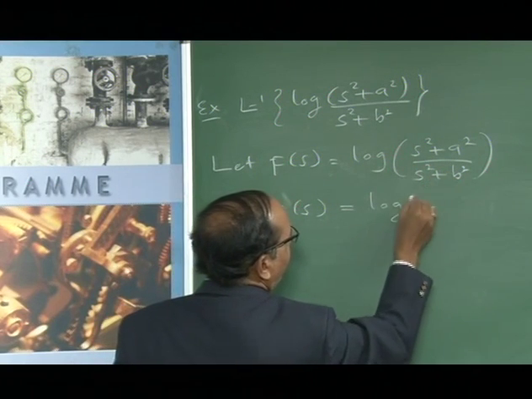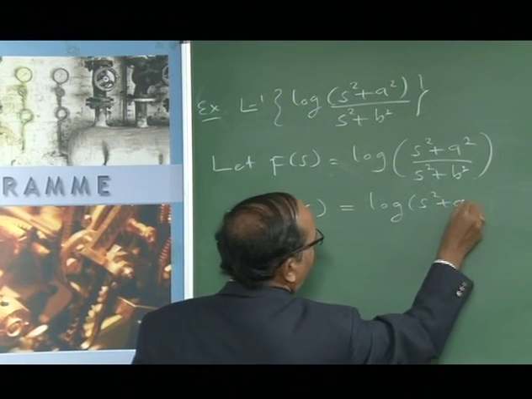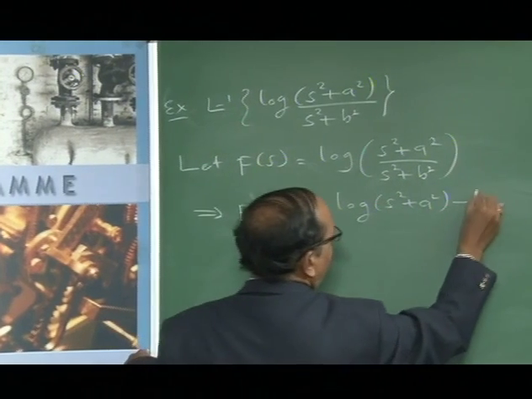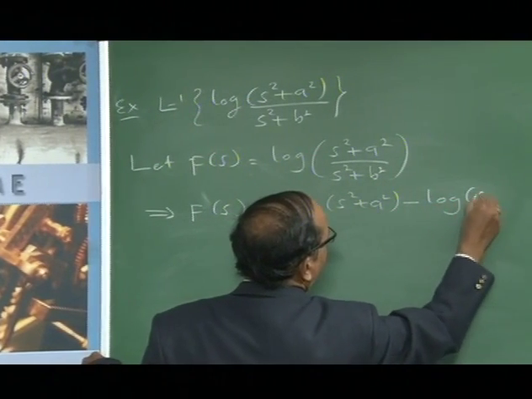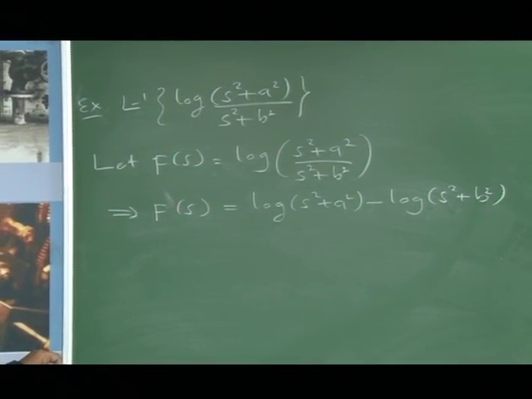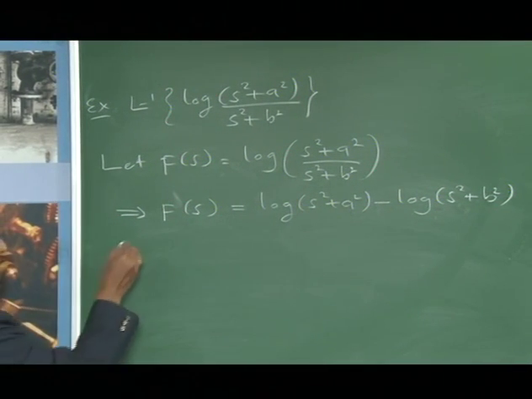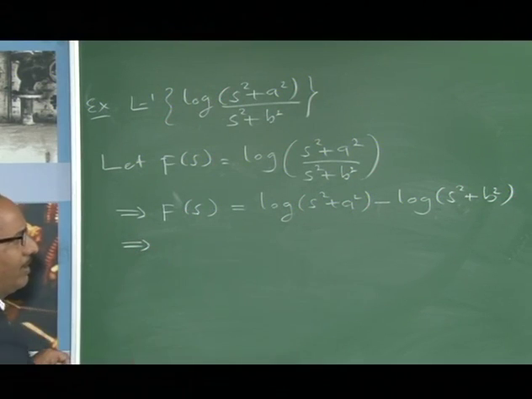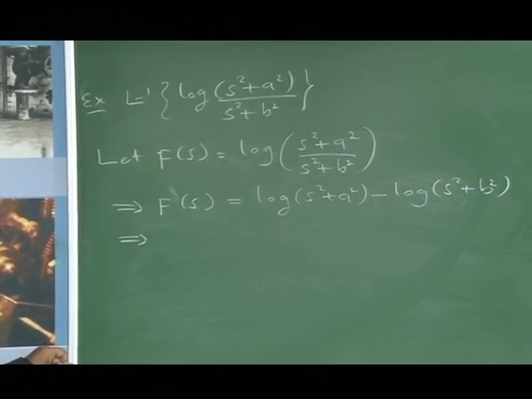Log of a divided by b is log of s square plus a square minus log of s square plus b square. So, using the logarithmic property, it is written. Now, at this moment also I do not know the inverse of both the terms here.